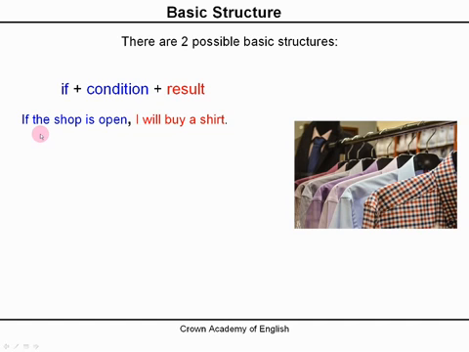So we have the condition first and then the result. And very important, when we are writing this in this structure, we must write a comma after the condition. So here is the comma. So the comma goes after the condition and before the result.